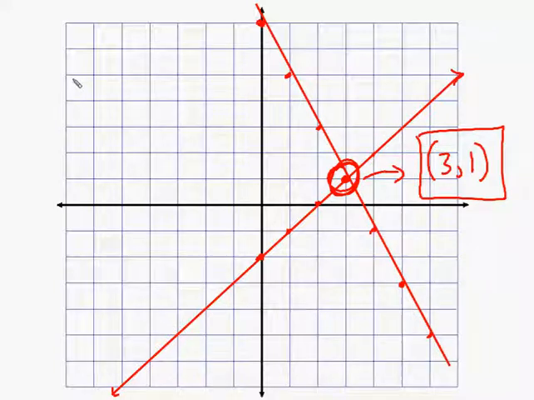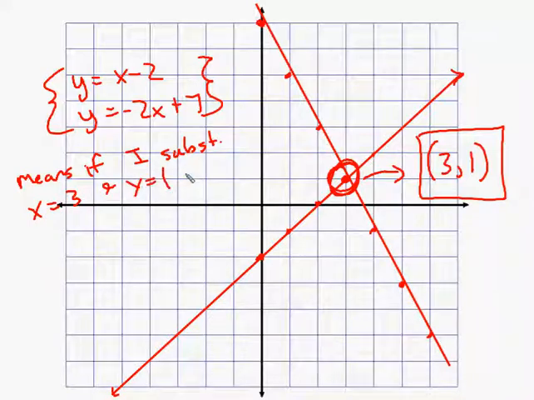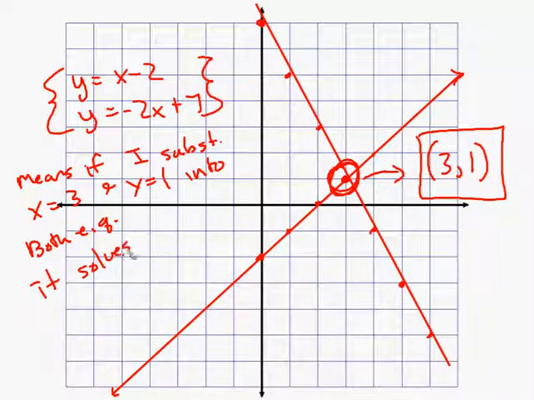So that's the solution for my system, and my system was this. That was my system. So what does this mean? This means if I substitute x equals 3 and y equals 1 into both equations, it solves both, or both are true.